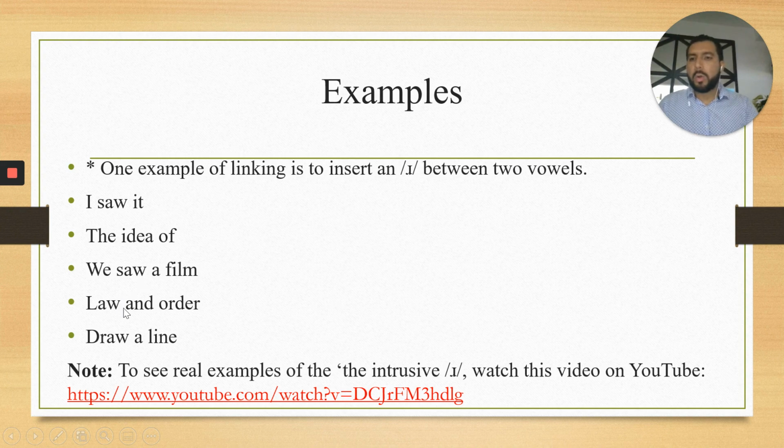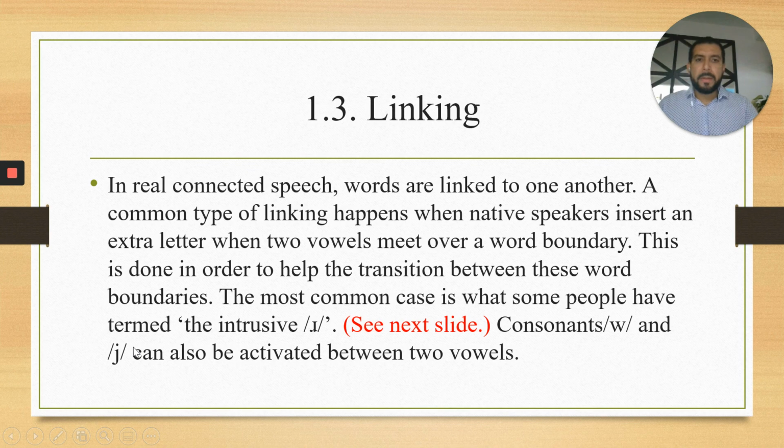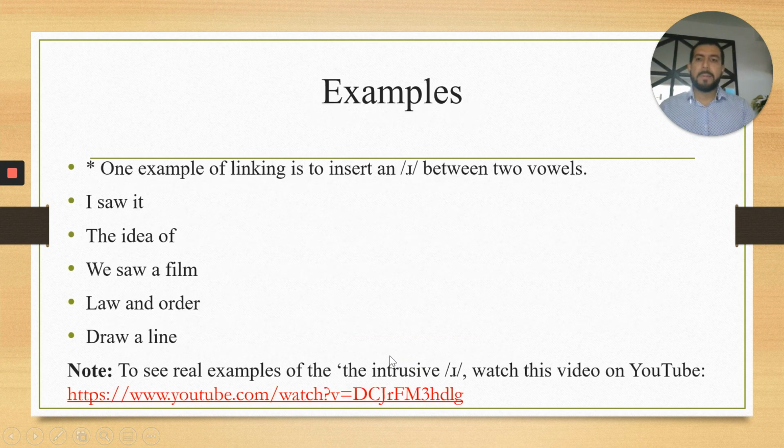Instead of law and order, they say lawr and order. Instead of draw a line, drawr a line. And it's very common after a w sound, which is an approximant sound or a semi-vowel, when there is a w sound and a vowel sound next. I think it's here. Yes, consonants w and y can also be activated between two vowels.